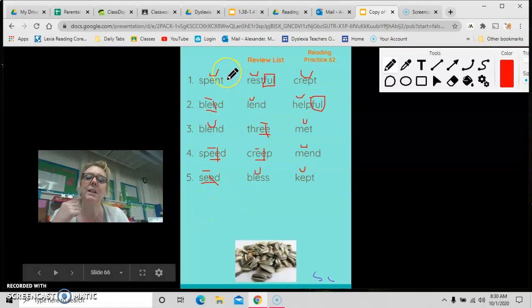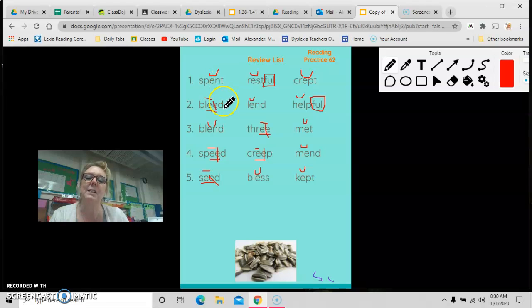So real quick, let's read the words going down to make sure we remember how to read them. Ready? You read it, then I'll read it. Spent. Bleed. Blend. Speed. Seed. Let's go down again, the second column. Restful. Lend.